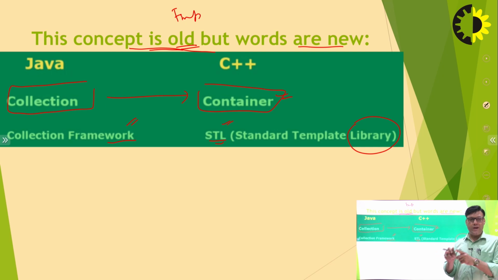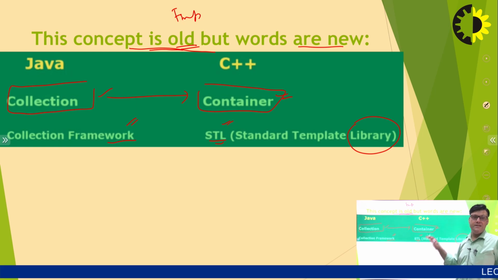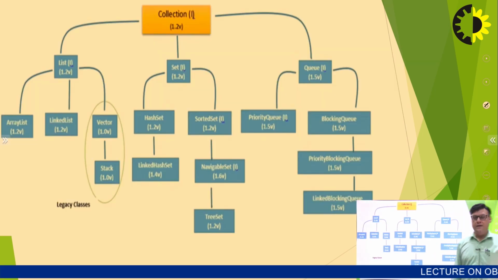We used to transfer it from one place to another place, with the help of a network. So those individual objects can be transferred on a network from one place to another place. This we will see in a further lecture. So this is the concept of collection framework. This is an old concept, but the words are new, which previously in C++ we used as container and Standard Template Library.